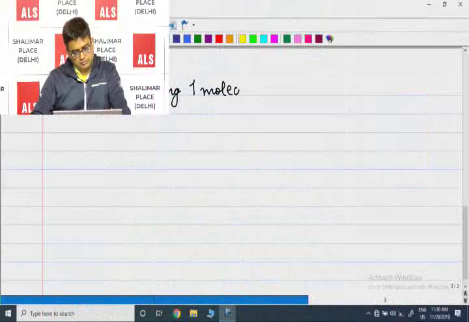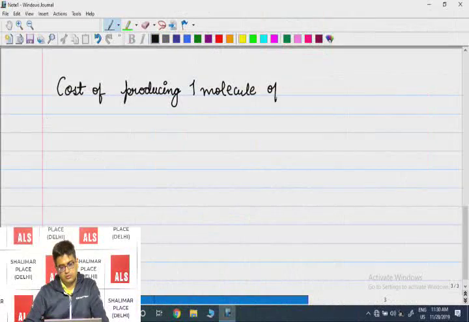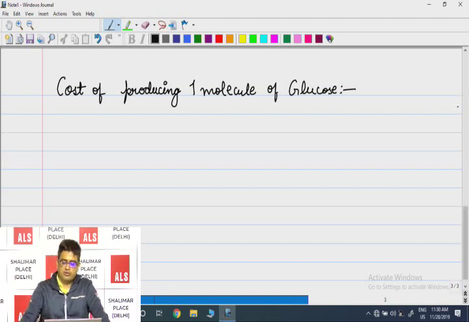Now I have to tell you one more thing about the cost of producing one molecule of glucose. Does anybody remember what is the cost of producing one molecule of glucose?